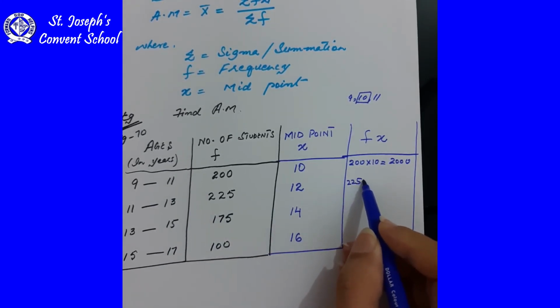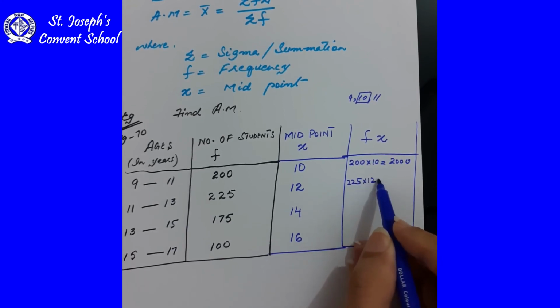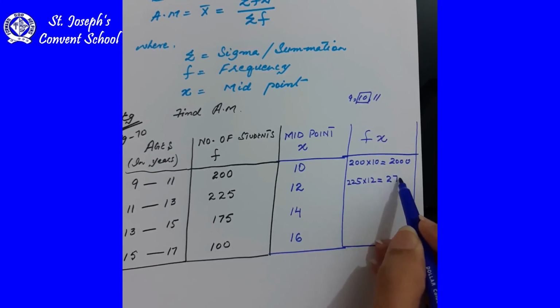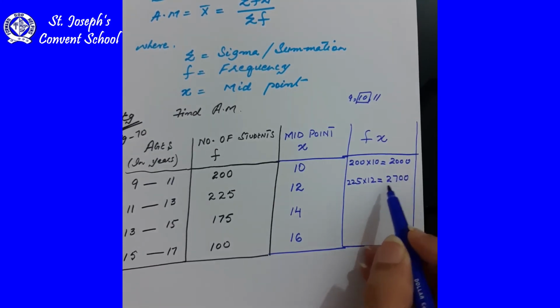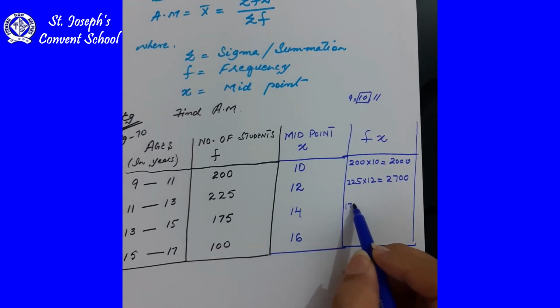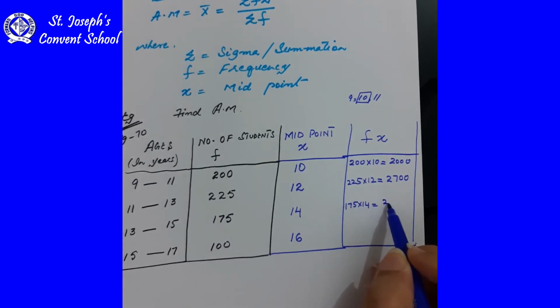Multiply, use a simple calculator. 2700. 175 into 14 is equal to 2450.